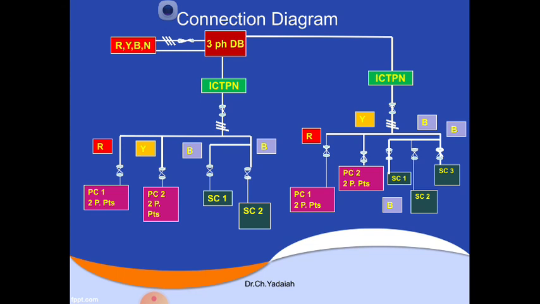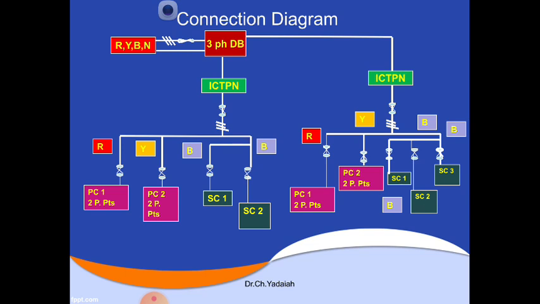Here you can see the R phase having two power circuits, the Y phase having two power circuits, whereas the B phase has the 5 sub-circuits with the lighting load less than 1000 watts. So this is the circuit diagram generally implemented in our electrical system. This is one simple thing we are going to do.